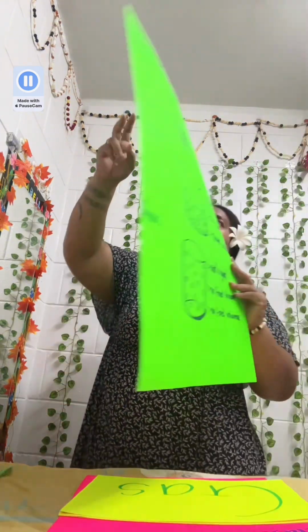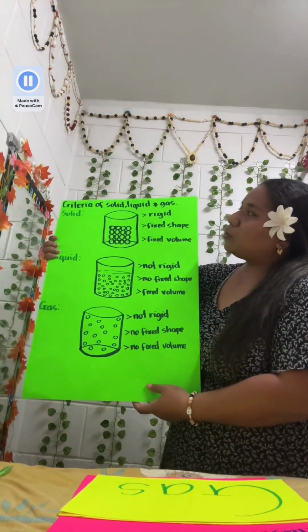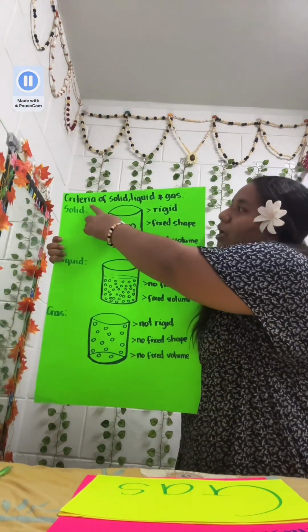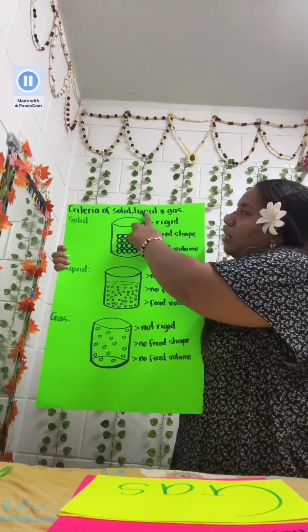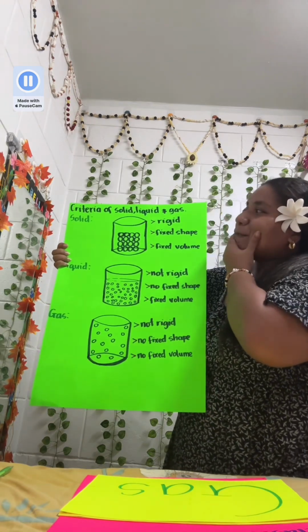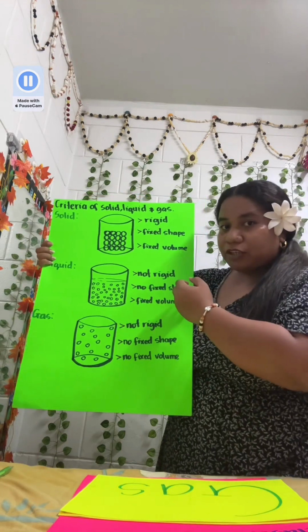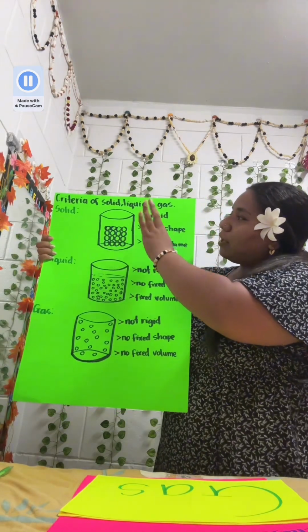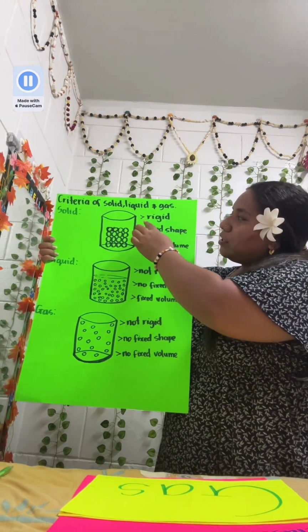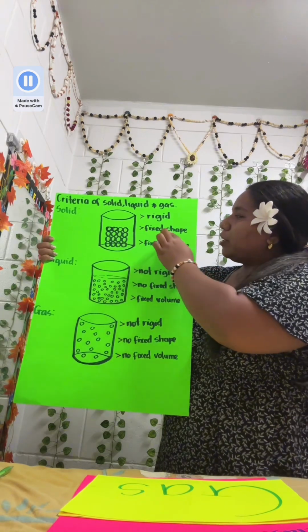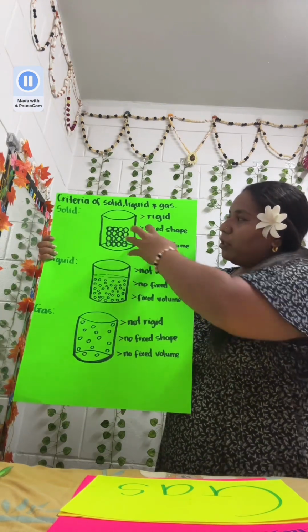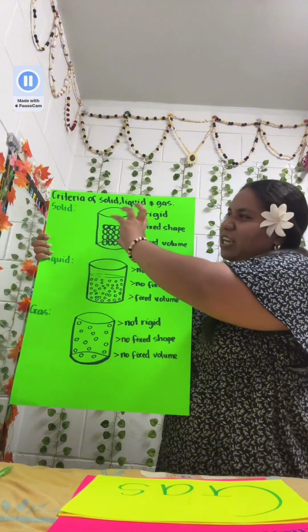Okay class, to be continued. We're going to move on to the criteria of solid, liquid, and gas. For the first one, solids, as you can see in the picture, the criteria are rigid, fixed shape, and fixed volume. You can see they have no space.